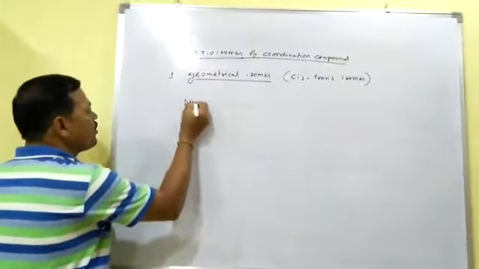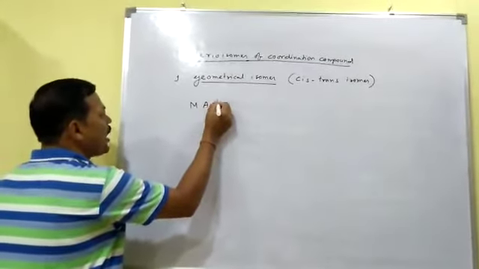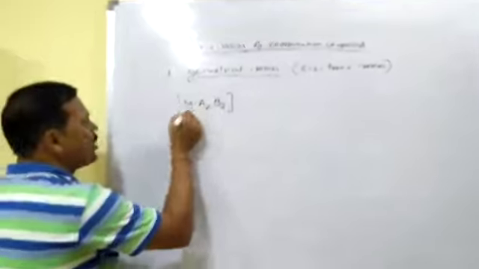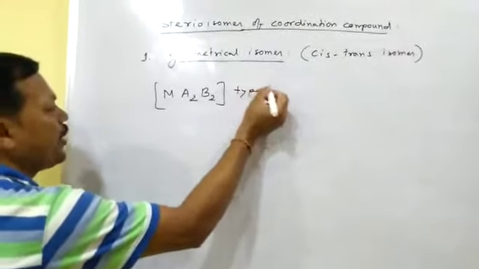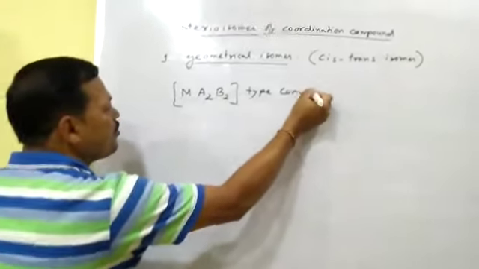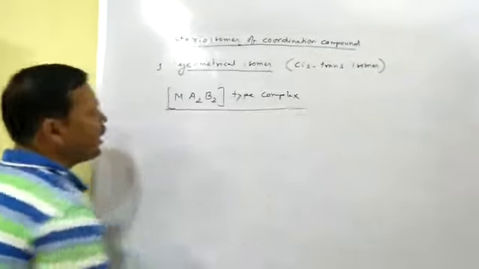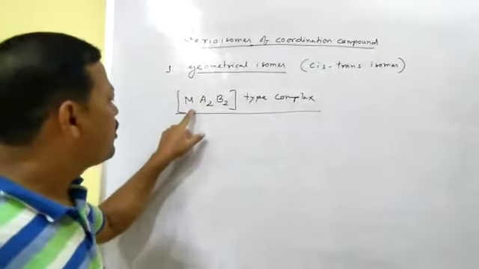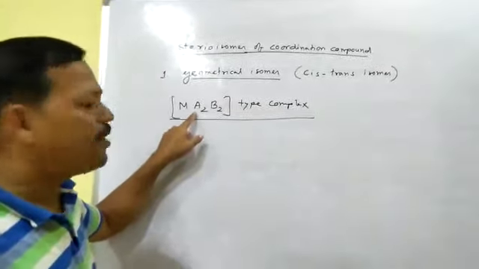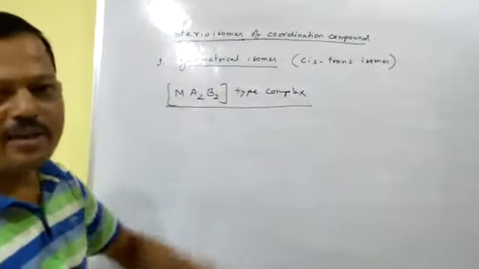Suppose this is one of the complex, Ma2B2 type complex. M means some metal, A means some ligand, B means some other ligand.